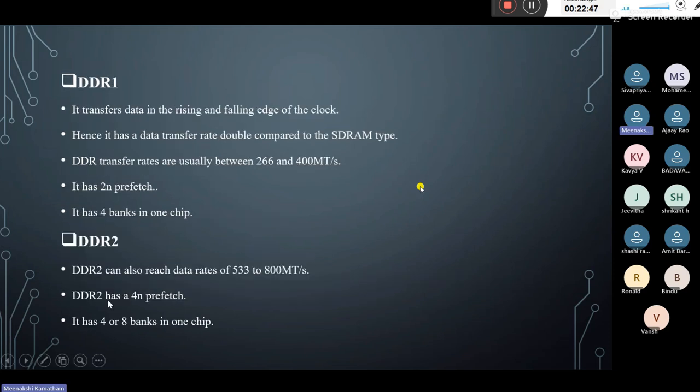In DDR2, the data speed rate is increased. In DDR we have 266 to 400 mega transfers per second, but here it is upgraded to 533 to 800 mega transfers per second with 4N prefetch. The number of banks is also increased for more storage.